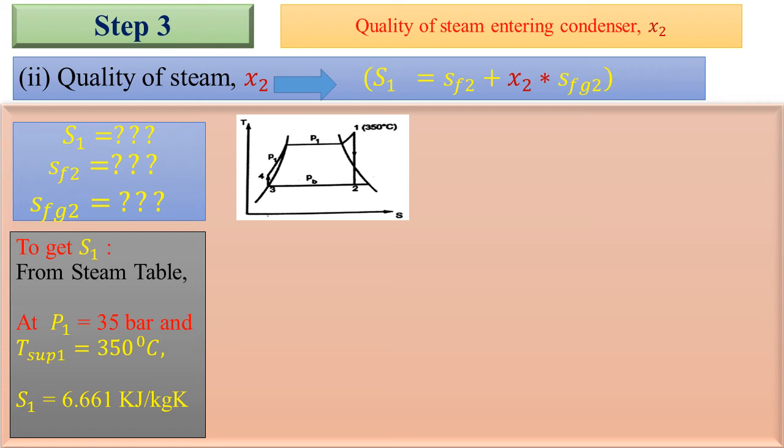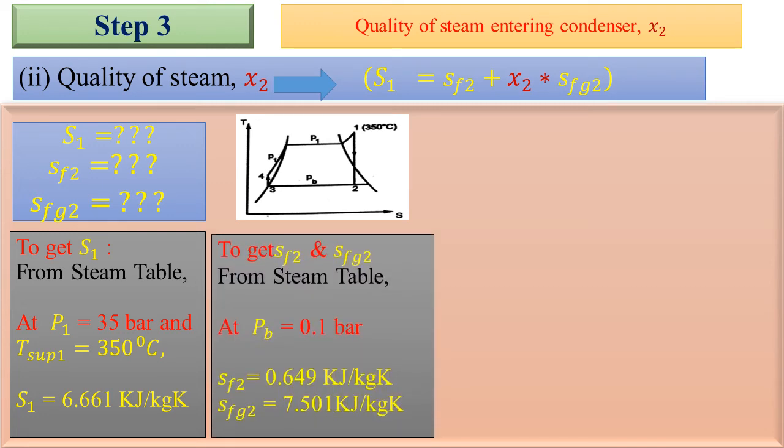From the superheated steam table, we will directly select the value of entropy S1, and that value is 6.661 kilojoule per kg Kelvin. So no need to calculate, because at point 1 we know both pressure as well as temperature. Calculation not required.